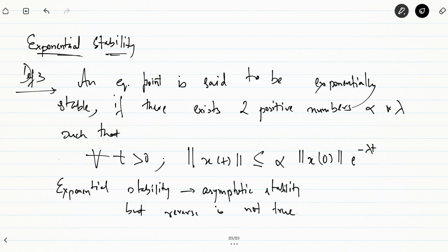So if lambda is much larger, this decay will be much quicker. Exponential stability helps us in determining whether your system is bounded with respect to time, and what are the boundaries within which the system is confined. These are three definitions so far. Now we'll be talking about the fourth definition, that is global asymptotic stability.